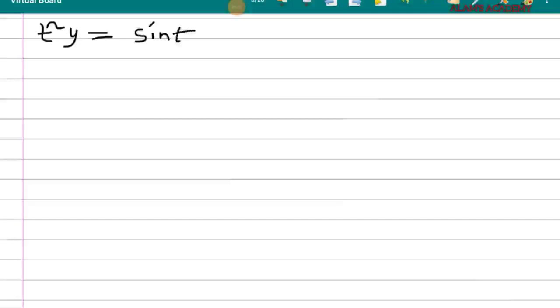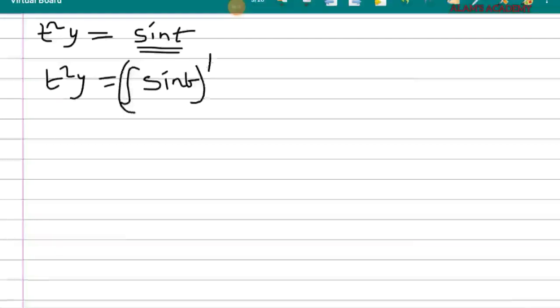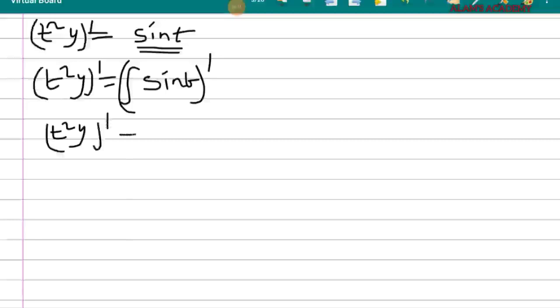Now integrating the right hand side, we integrate this. So it means I have t squared y to be equal to the integral of sine t. Now the integral of sine is negative cos t, so I have t squared y is equal to negative cos t.